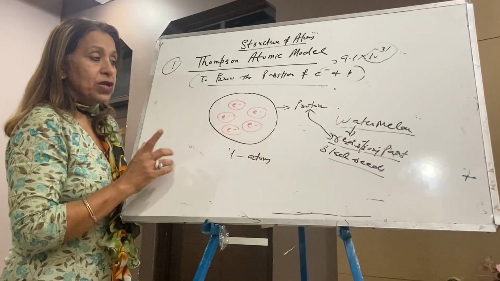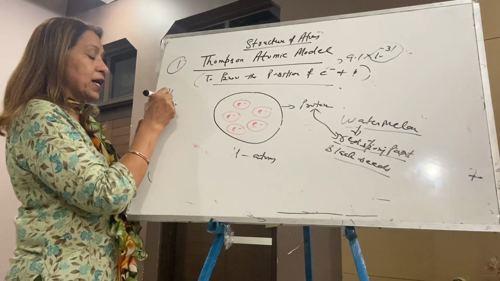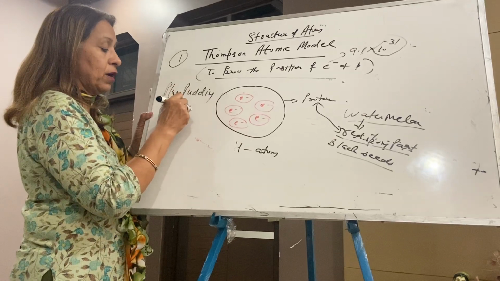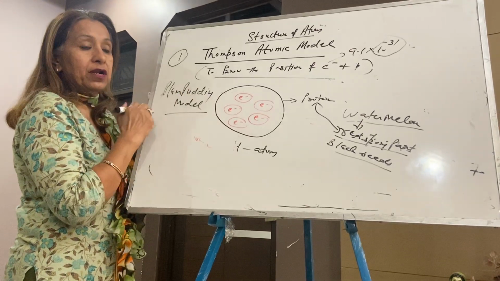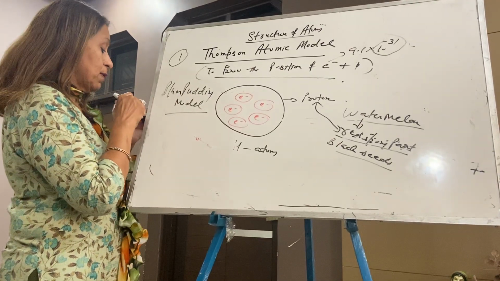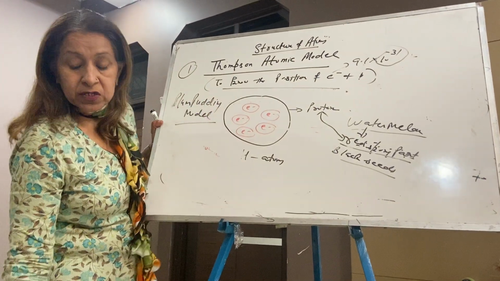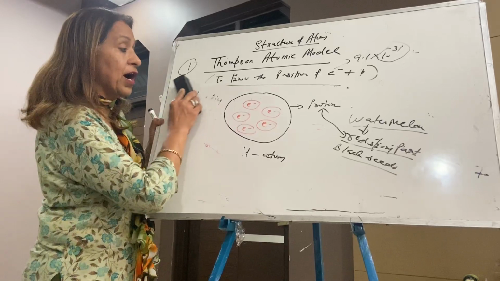Same thing. So it is also called the plum pudding model. This model is also called plum pudding model. But this model was soon discarded because it did not satisfy our next experiment.